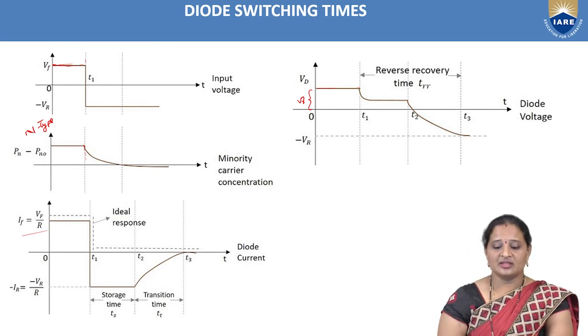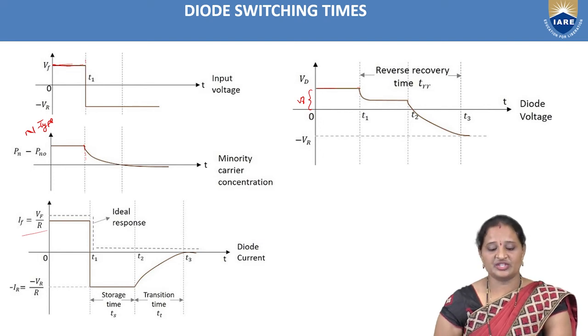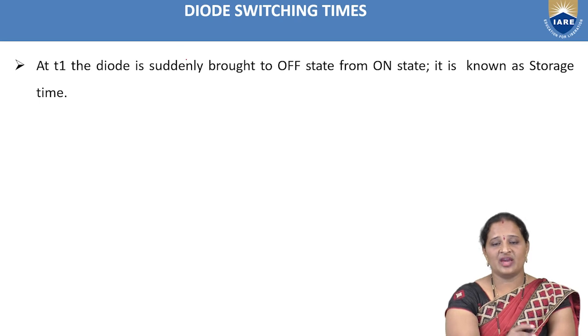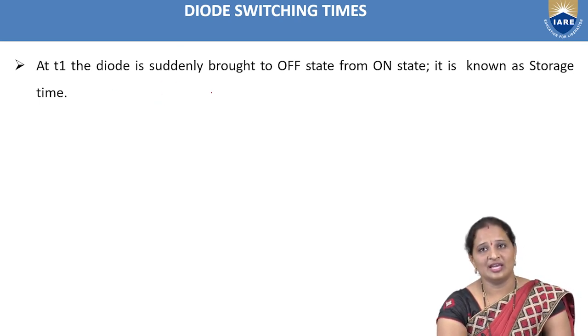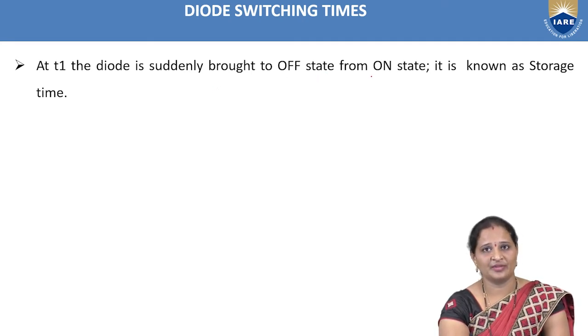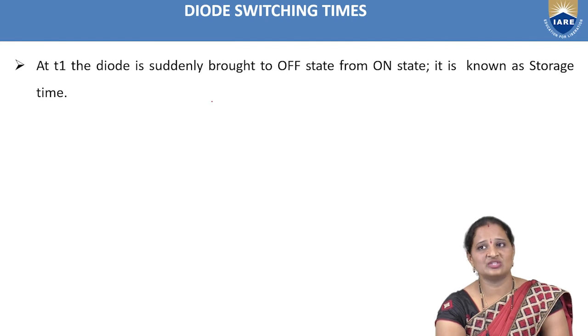So this is about the diode switching times. At time t1, as we have observed from the waveforms, the diode is suddenly brought to off state from on state, and it is known as storage time.